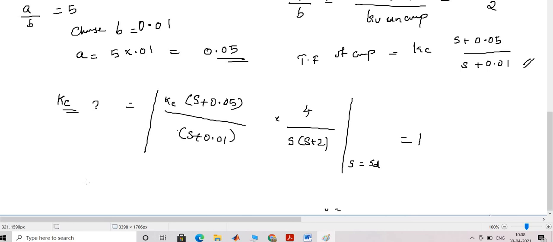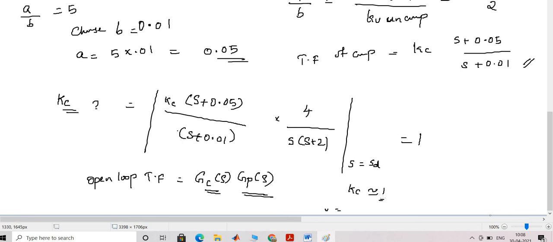Now what is the magnitude of open loop transfer function? We have already designed the compensator. Now our open loop transfer function is changed into GC of S, that is our compensator, into GP of S, that is our open loop plant. By applying this magnitude criteria, you will be able to find the value of Kc, which will be approximately equal to 1.